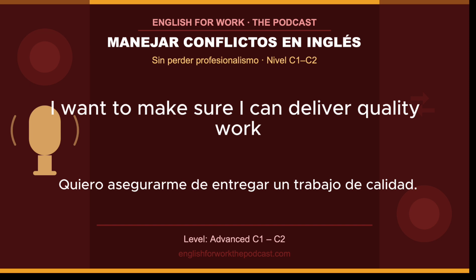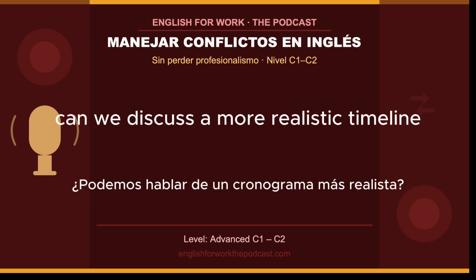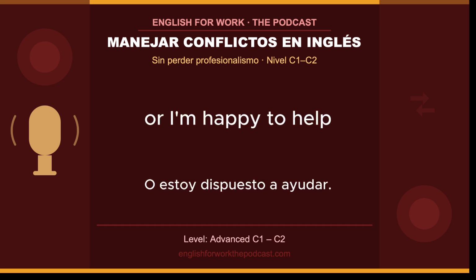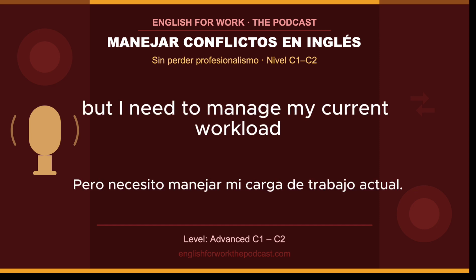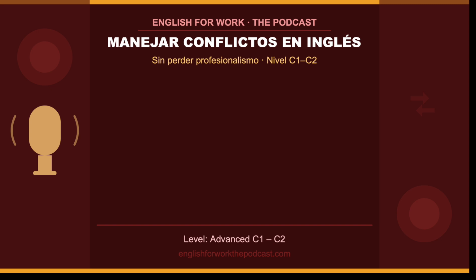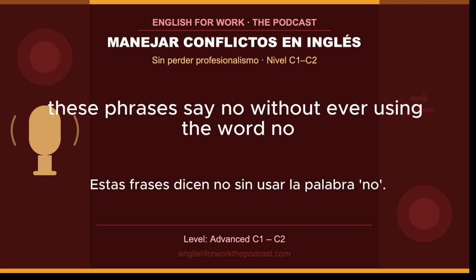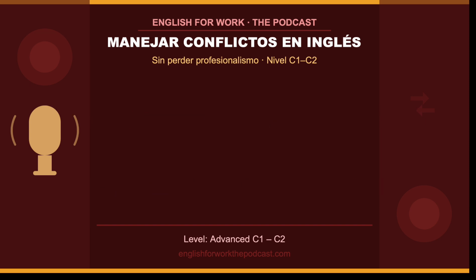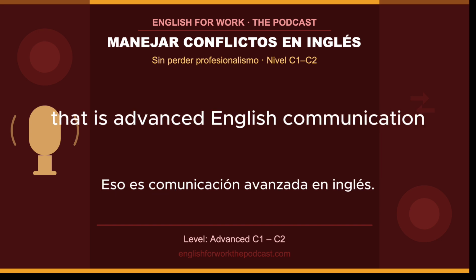"I want to make sure I can deliver quality work. Can we discuss a more realistic timeline?" Or, "I'm happy to help, but I need to manage my current workload. Can we prioritize together?" These phrases say no without ever using the word no. That is advanced English communication.